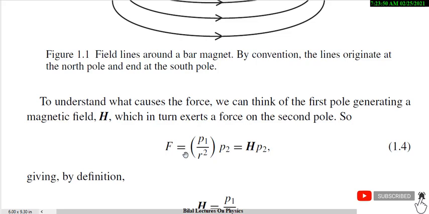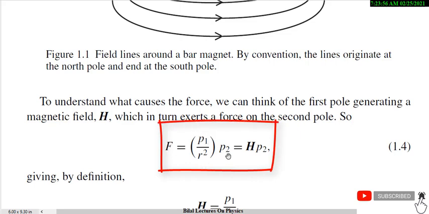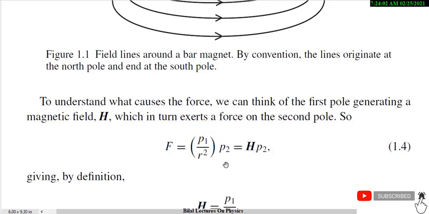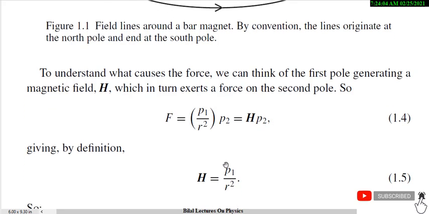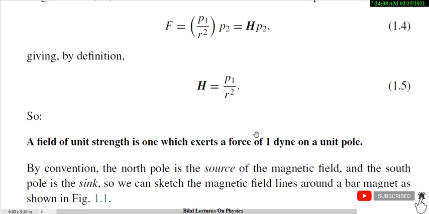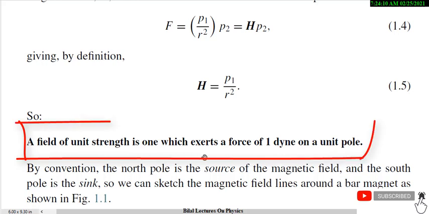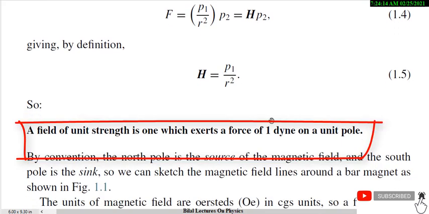So we can see that F is equal to P1 over R squared, into P2, where P1 is generating the magnetic field, and here we are considering P1 over R squared is equal to H by definition. So we will put H into P2 here. A field of unit strength is one which exerts a force of 1 dyne on a unit pole.